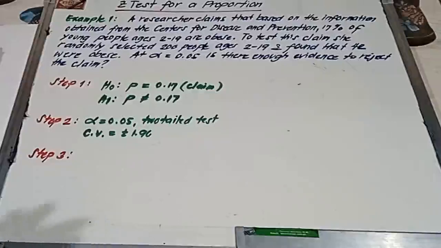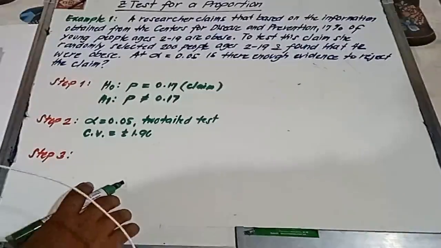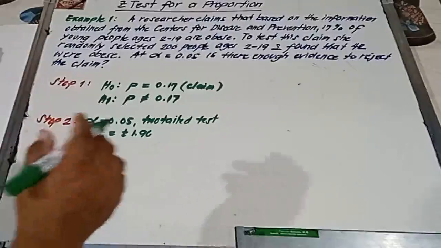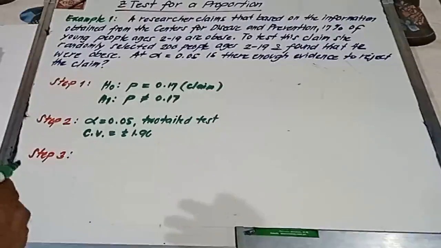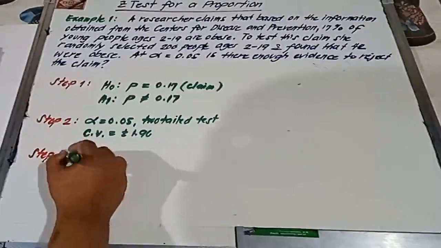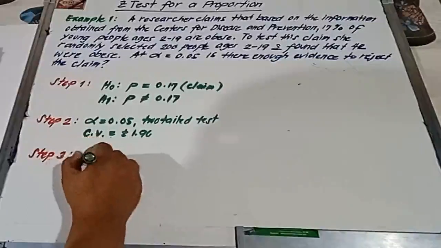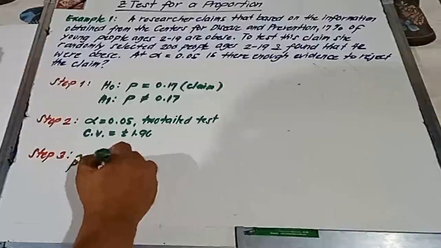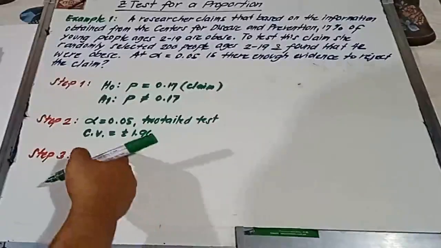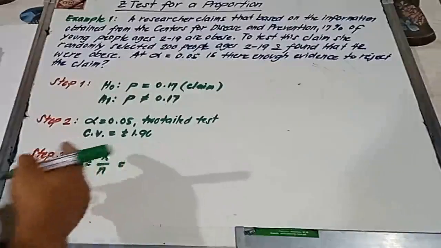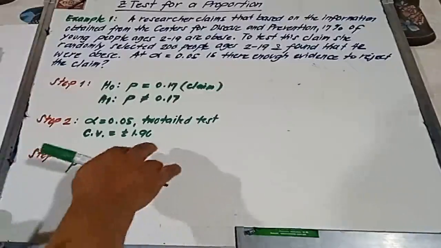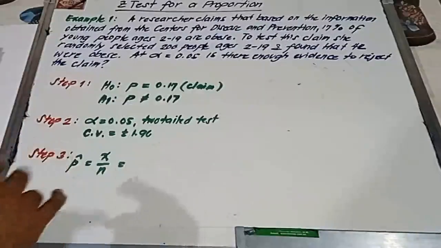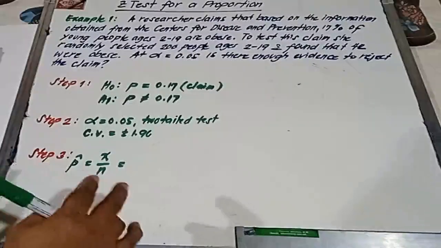the z-value. But before that, compute muna natin yung test value. Okay? Ano ba yung test value? Yun yung ating sample proportion. Okay? That is p hat. Yung p hat natin, that is x over n. Yung x natin, that is the number of people ages 2 to 19 that are obese. 42 yon. Okay?